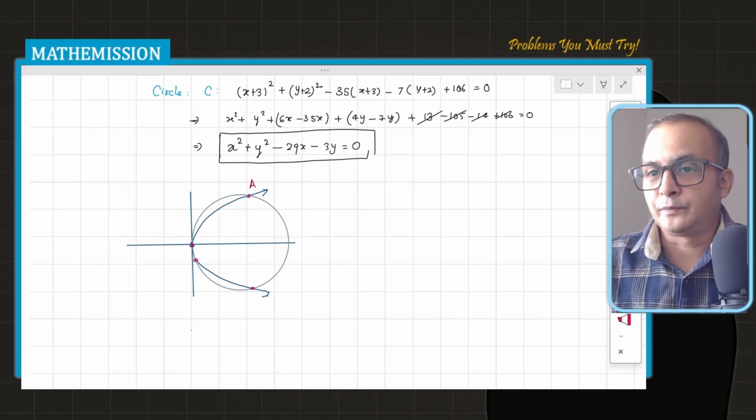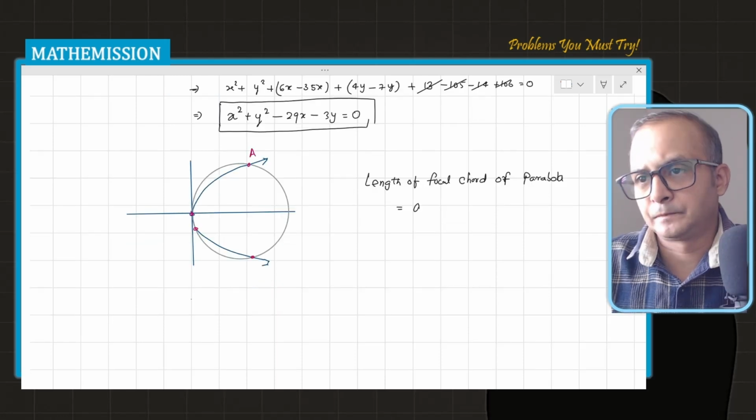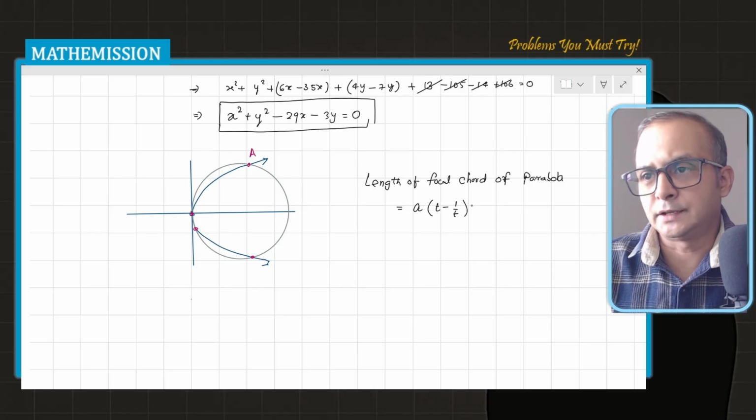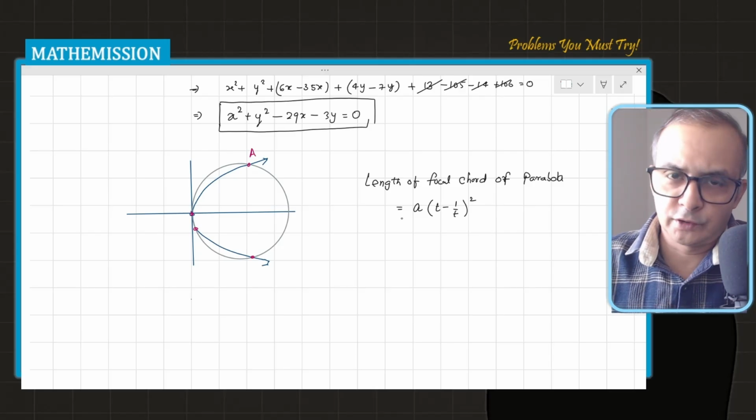We know that the length of the focal chord of a parabola is given by a(t plus 1 by t) whole square. If I find out the value of t, we can use this formula.